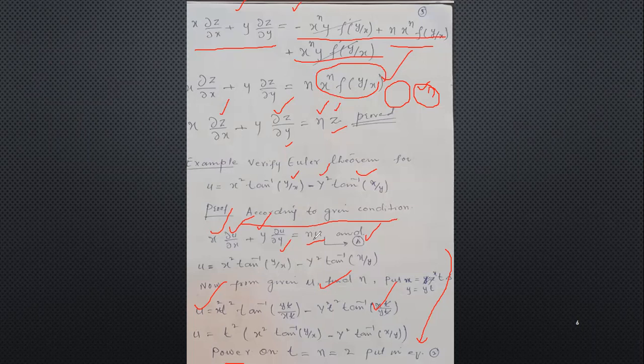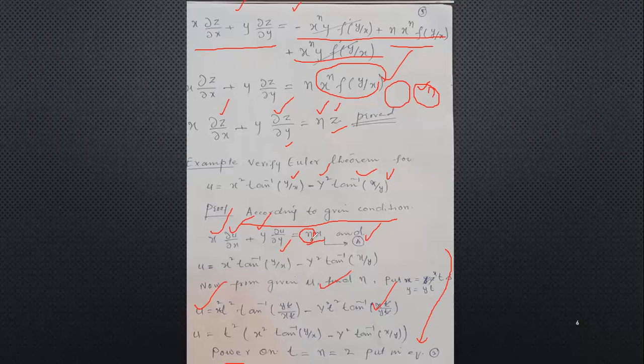But one thing remember and listen carefully: first of all, we have to find n from the given condition. How do we find n? It is very easy. I told you that n is the degree or order of the homogeneous function.